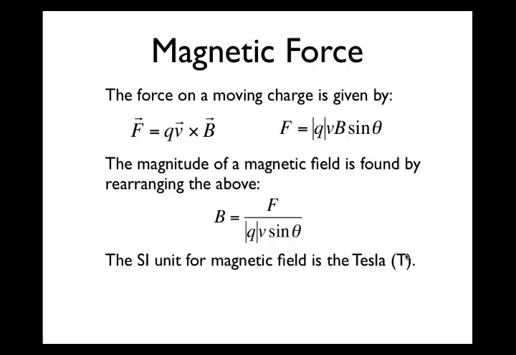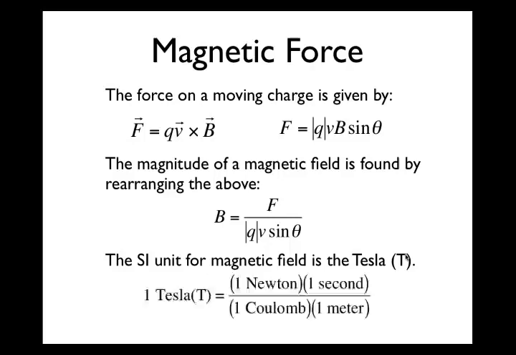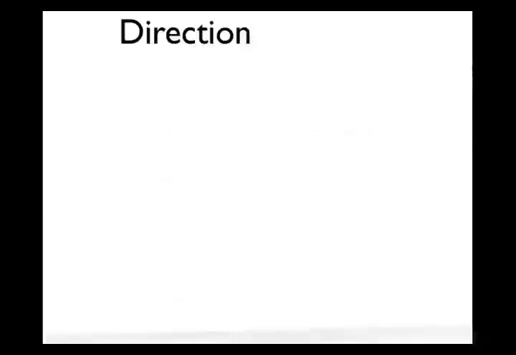And it's capitalized, capital T. So the magnetic field itself is written with a capital B. Units of the magnetic field are the Tesla, and that's capital T. A 1 Tesla magnetic field is a rather strong magnetic field. 1 Tesla, by this definition here, must equal 1 Newton, that's the force unit, over 1 Coulomb, that's the charge unit, and then the velocity would be in meters over seconds. So a Tesla is a Newton second per Coulomb meter, for those of you keeping score at home with units.